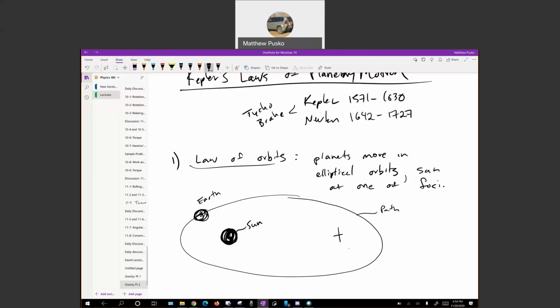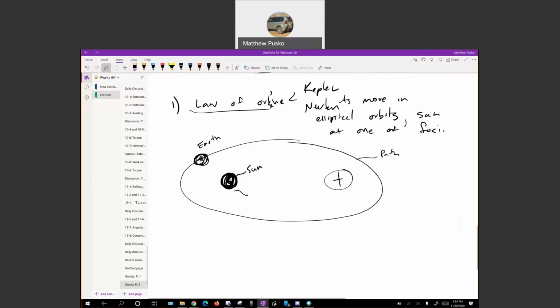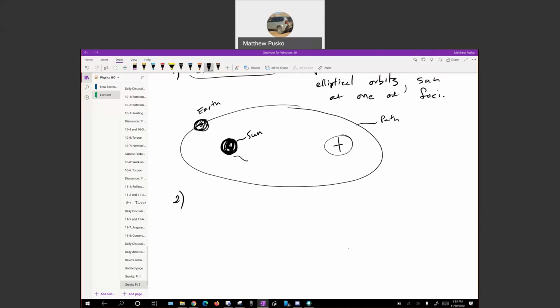That's Kepler's first law. This is the shape of orbits when gravity is involved, and there's nothing at one of the foci, but at the other is our more massive object, of which the other is traveling around.